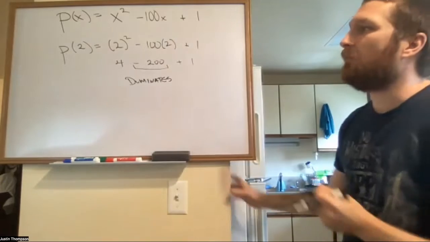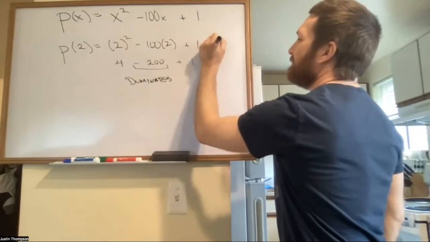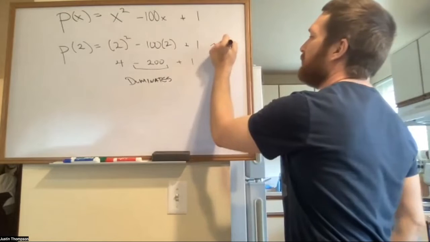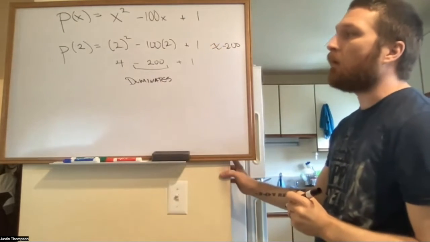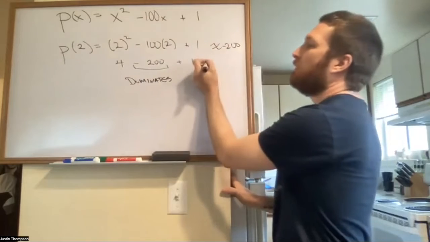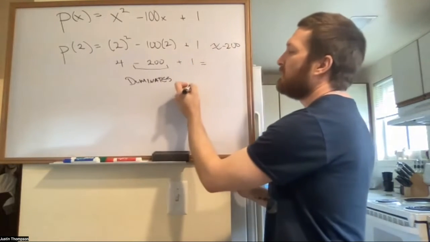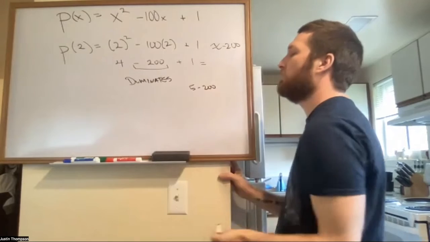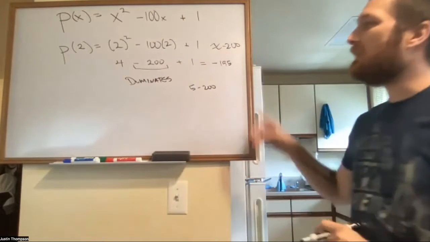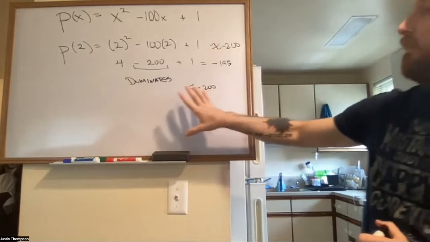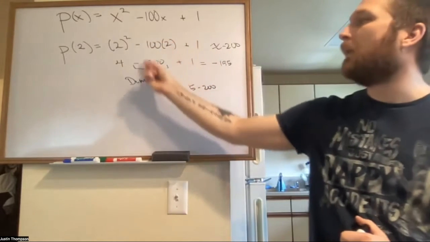If we wanted to approximate this, we'd say it's about equal to minus 200, and you wouldn't be too far off. When you actually evaluate it, 4 plus 1 is 5, so 5 minus 200 is negative 195. We're not that far off. This term is pretty much taking over the whole polynomial.